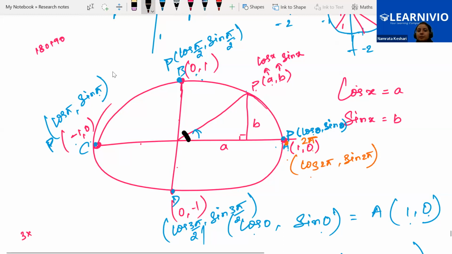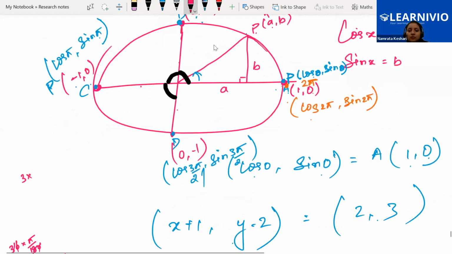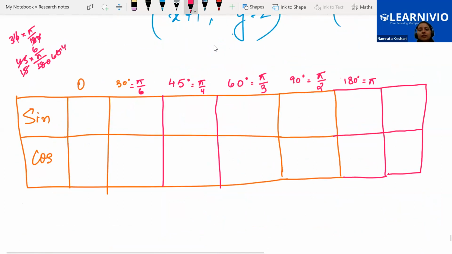This much is pi by 2, that means 90 degree. This much is 180 degree. This much is 180 degree plus 90 degree, that means 270 degree. Yes or no? Yes. Okay. So 270 degree means 3 pi by 2.